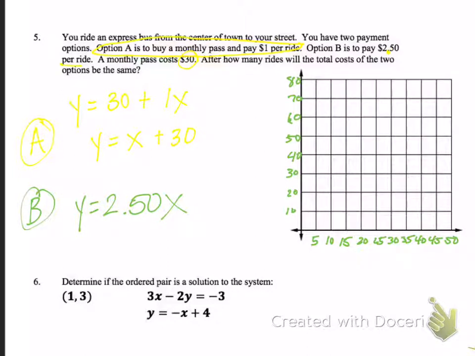If I'm graphing option A, I'm going to put my y-intercept at 30. And then since I'm counting by 5s on the x-axis and 10s on the y-axis, it's going to take 2 points on the x to go up 1 point on the y. So it's going to look like this. Does that kind of make sense? I'm still increasing by 1 every time, but since my scale is 5s on the x and 10s on the y, it's going to look like this.